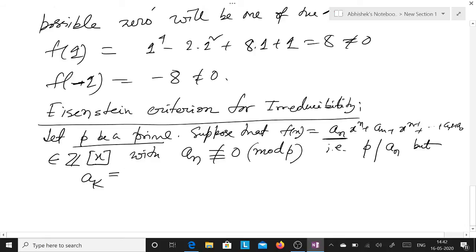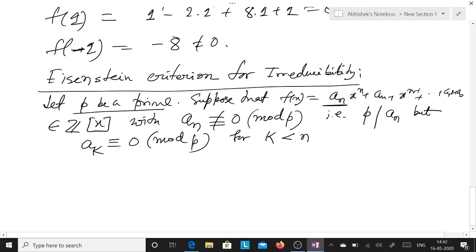a_k will be congruent to 0 mod p for all k less than n. That means except a_n, all the coefficients must have a factor p.